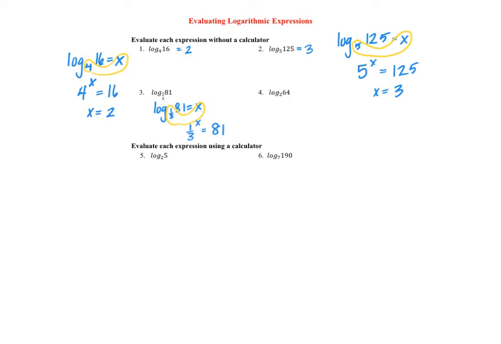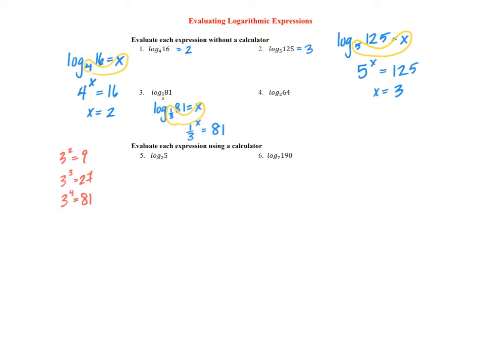Well, I know that 3 squared is 9. I know that 3 cubed is 27. And I also know that 3 to the 4th equals 81. Well, here's that 81. So what I'm thinking is, for me to get that 3 out of the denominator, I need to take its reciprocal. And I know if I raise a ratio to a negative exponent, it's going to take the reciprocal of that fraction.